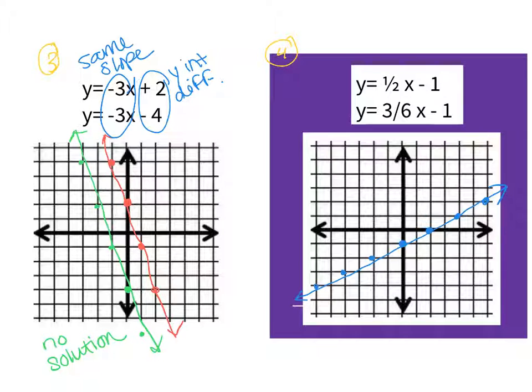And for the next equation, I have a y-intercept again of negative 1 and a slope of 3/6. So I'm going to come up 3 to the right 6, or down 3 to the left 6. And what I'm noticing here is that they're plotting the same line, which means that they have infinite solutions. So they share all of their points.